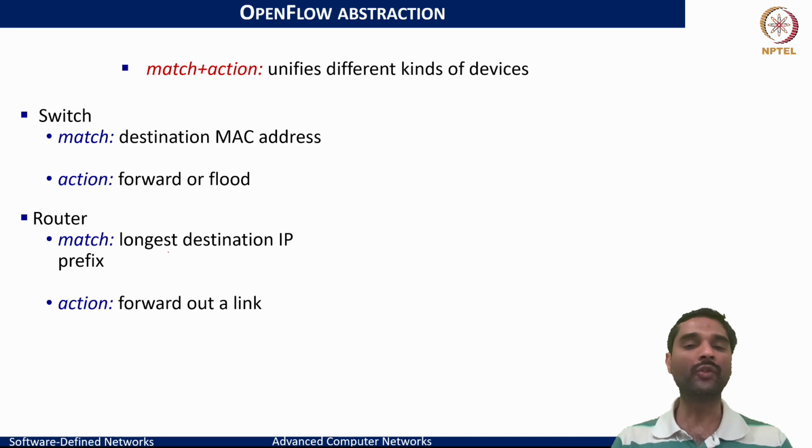If there is no match, typically the routers would just send it out on a default port or drop. In this case, we now have a mechanism to even forward such packets to the controller. When you forward the packets to the controller, it can find out what the route is that you need to set and then set the corresponding action so that the packet can be forwarded on the outgoing link. Thus, we can achieve the functionalities of switch and router using the OpenFlow abstraction.